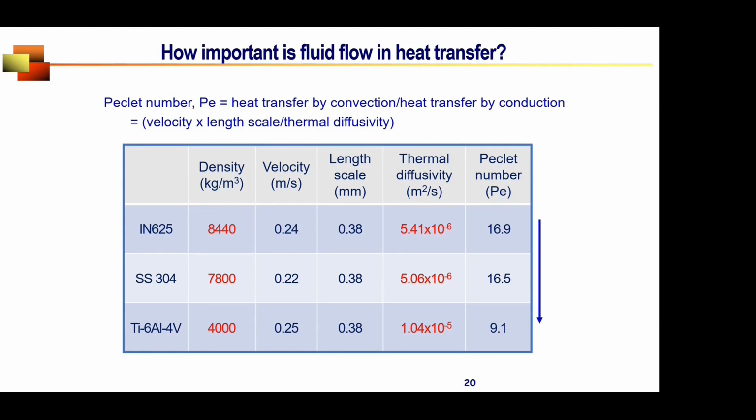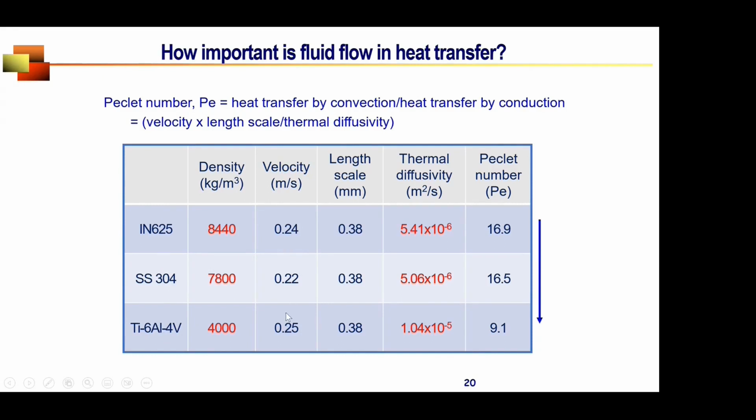But if the value of Peclet number is much larger than 1, then it means that heat transfer by convection is dominating the heat transfer by conduction, and therefore we need to do a more rigorous calculation.